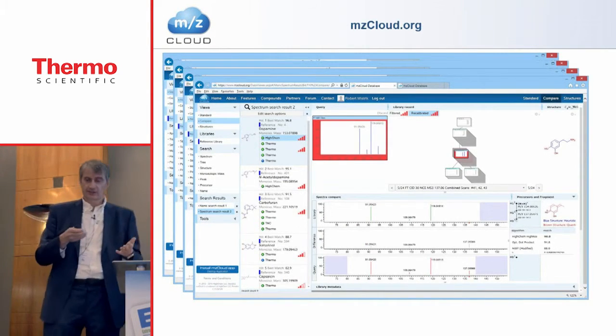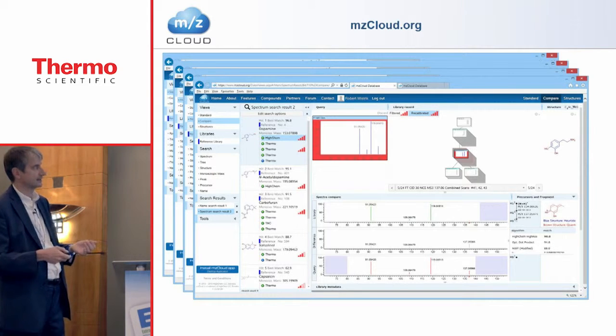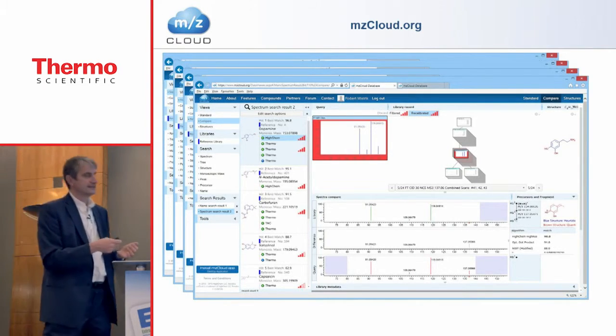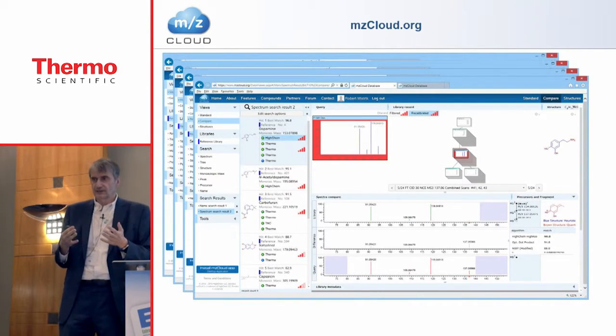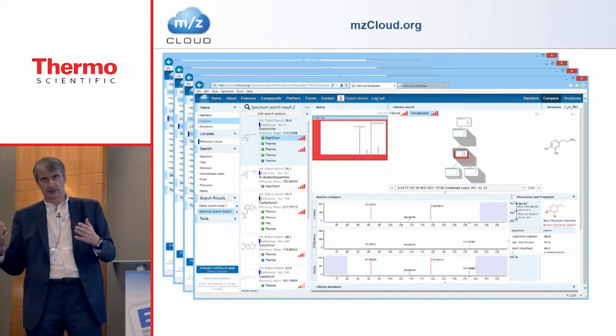You can search the spectra, so this is a typical search result where you see your hit list. Here's the match factor, and you can compare the spectra visually and also through three various matching algorithms or scoring algorithms. And it shows you in which peaks it was actually found. And this is actually the biggest power of this mzCloud database, that we try to acquire the spectra at various experimental conditions.